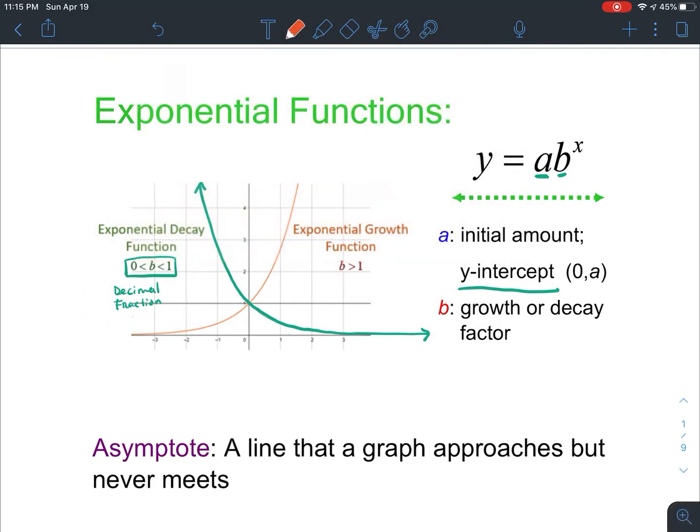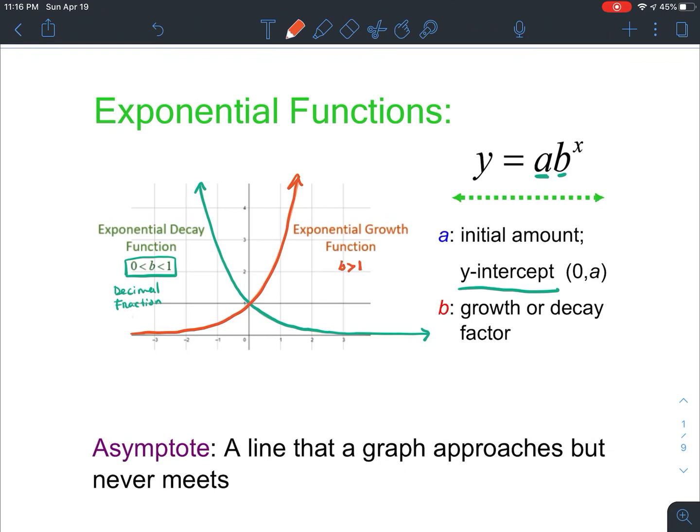Exponential growth will be the opposite, okay? It'll be anything that is greater than 1. And the graph itself will start at that hovering value, and then when it gets to the bigger numbers, rapidly increase. Okay, so increasing will be growth, decreasing will be decay.